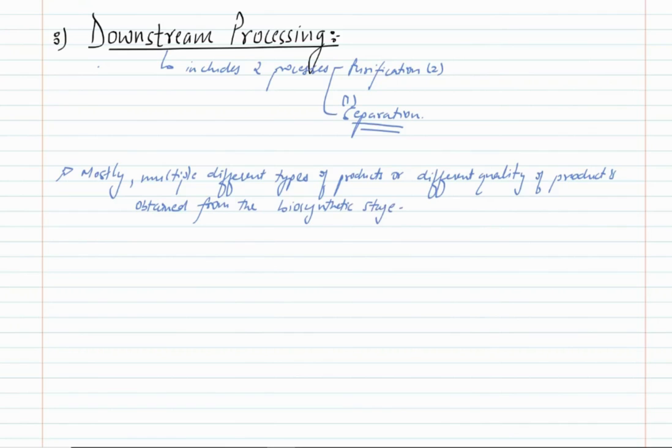Why does this happen? Because host cells are multiplying inside the culture, so it may be possible that one host cell is not able to achieve its maximum functioning, so it will produce a product of lesser quality and another cell will produce a product of higher quality. So when we get the product, it is usually a mixture of different qualities.